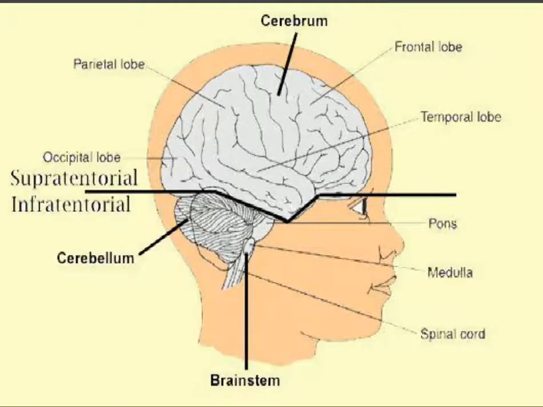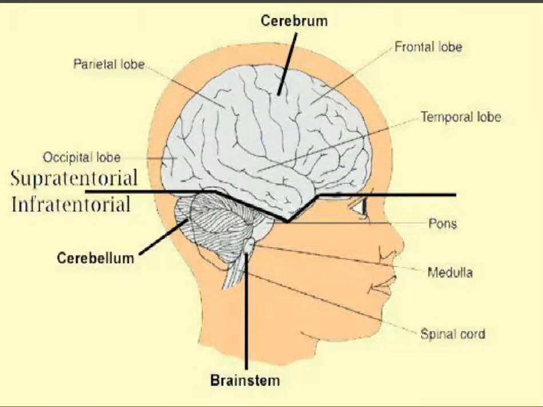This is exactly where the tentorium cerebelli is present, and this line shows the supratentorial and the infratentorial compartments. The area above this black line is the supratentorial compartment, and the area below is the infratentorial compartment.